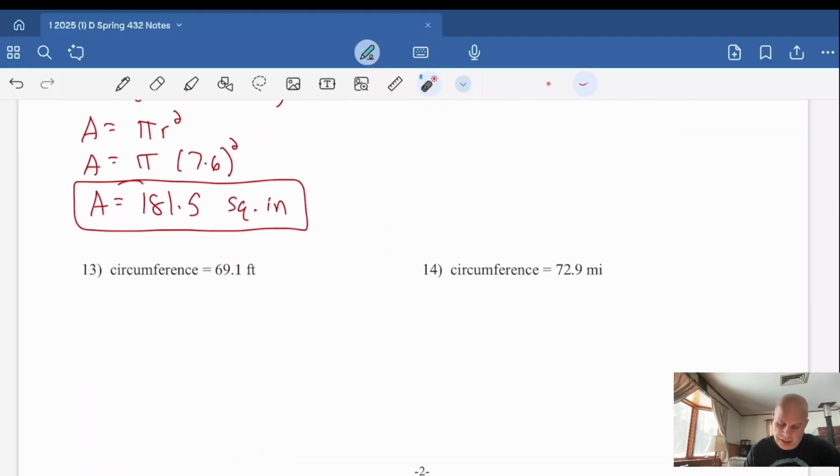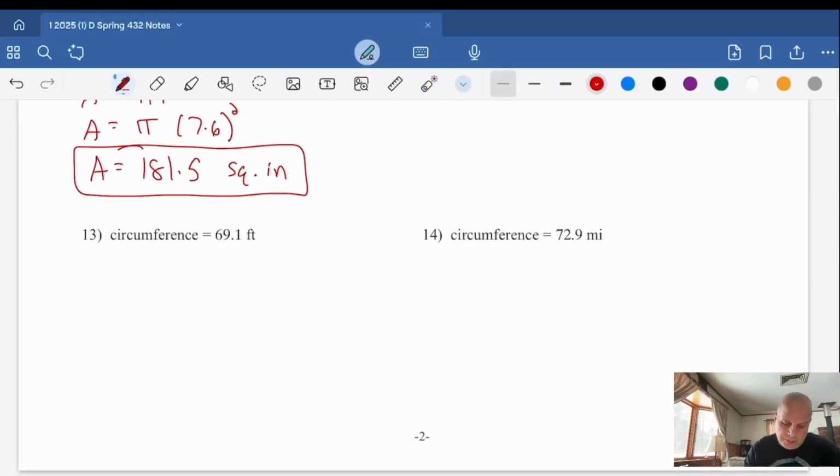So I'm going to find the diameter first. Circumference equals pi times diameter. So 69.1 is my circumference. That equals pi times diameter. Divide both sides by pi so that the pi's cancel out.